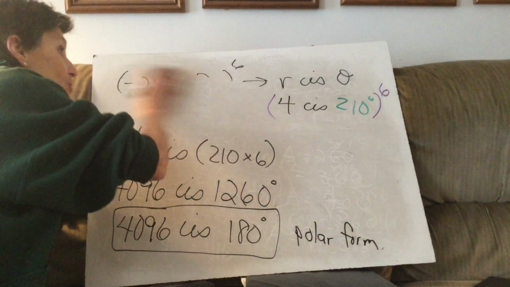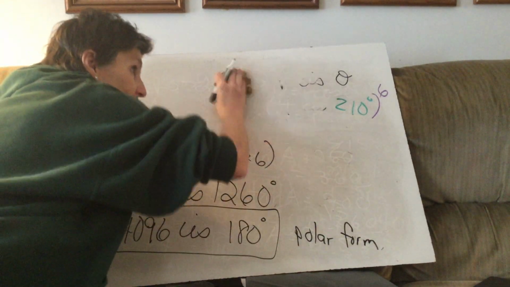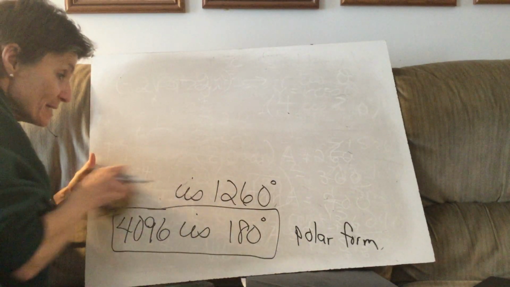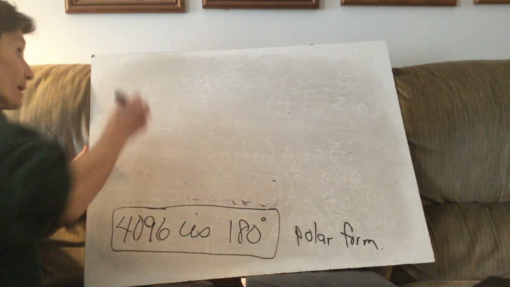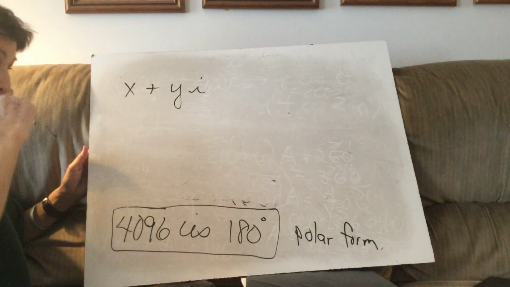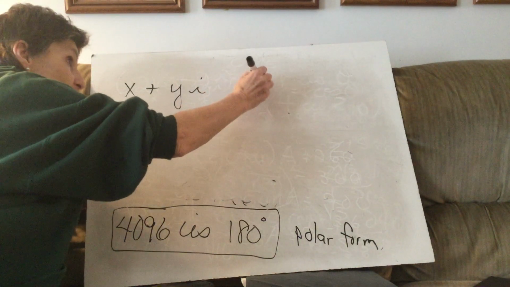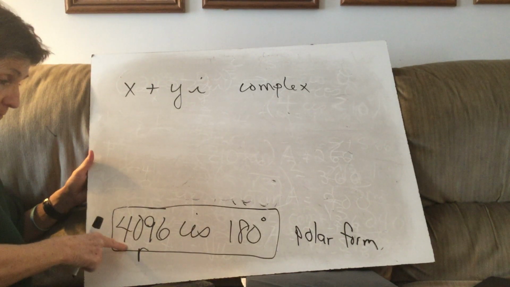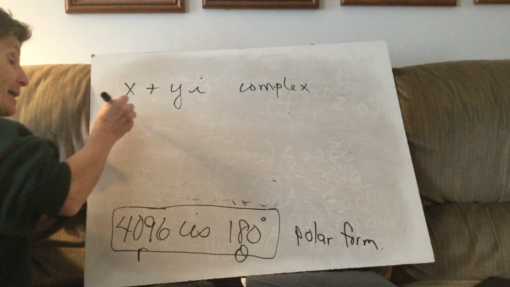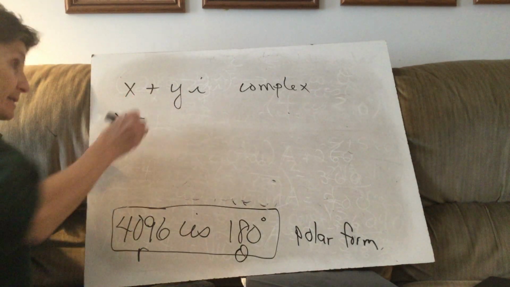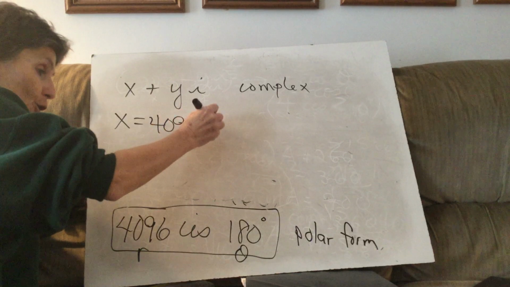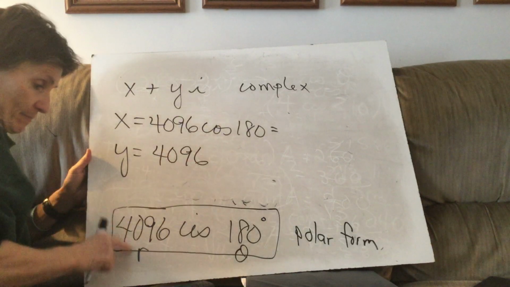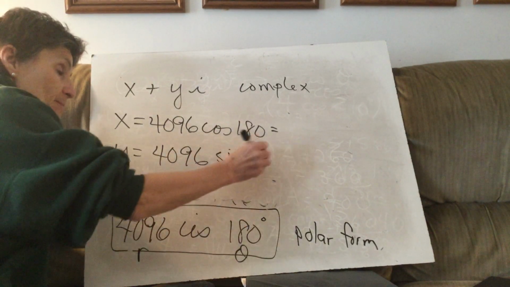Now, we also need the complex form of the answer. You need to remember that what that means is x plus yi. Here's r, here's theta. X equals r cosine theta, and y equals r sine theta.